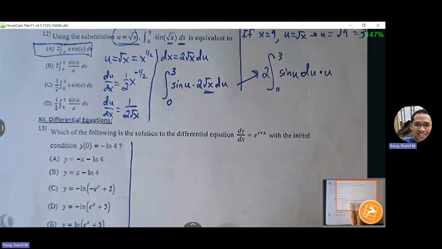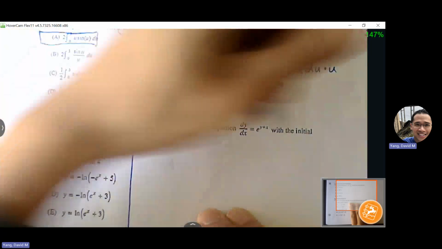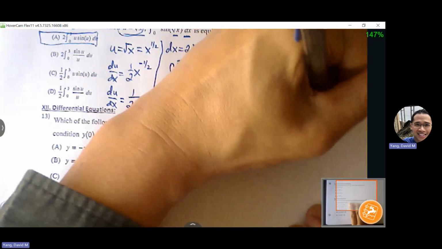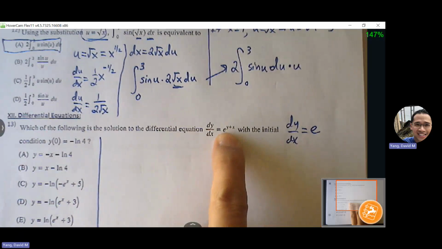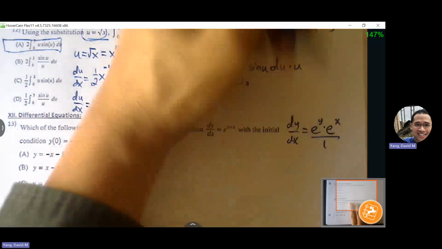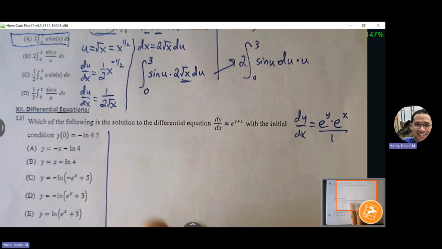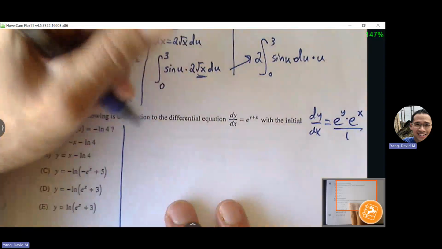So first thing, I'm going to separate this to make it easier to work with. So I'm going to make this dy dx equals, I can separate this and make it what? E to the y times e to the x. I'm going to put it over 1, so I can cross multiply and eventually get my separation of variables.